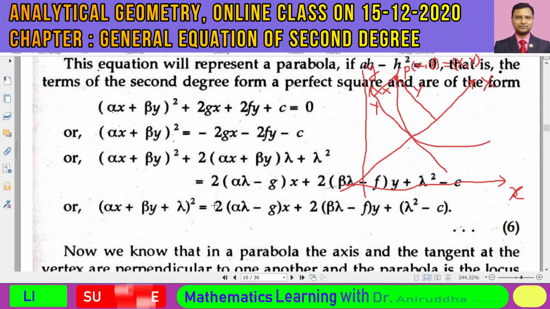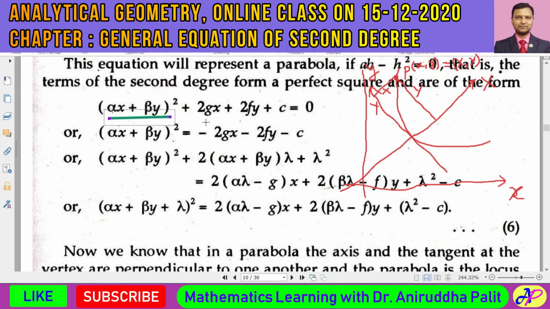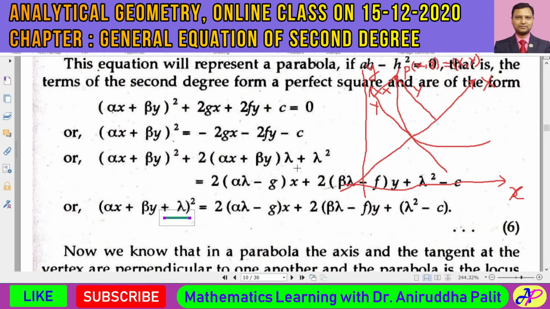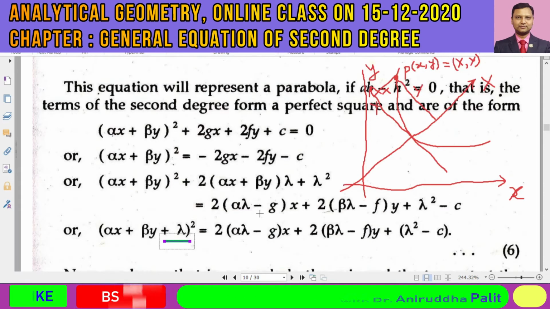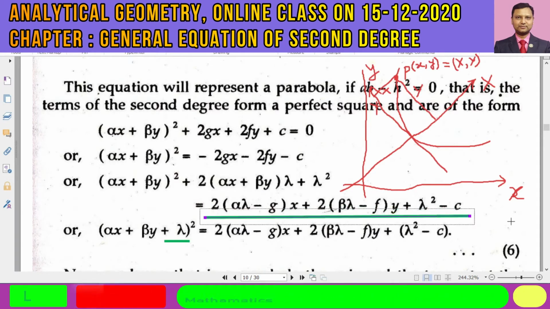They have specified that this would be the perfect square quantity, the second degree term, and along with that some delta is added, and for this addition of delta, some extra term would ultimately come on the right hand side, and everything has been adjusted on the right hand side.